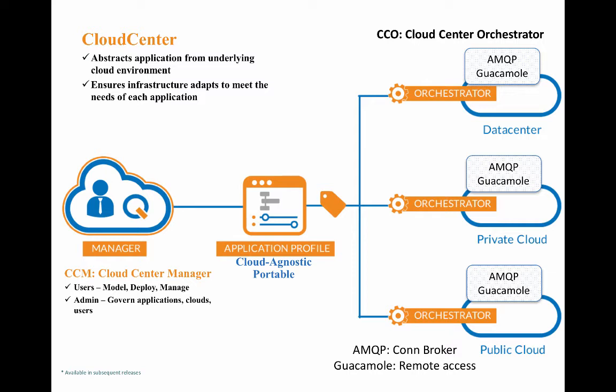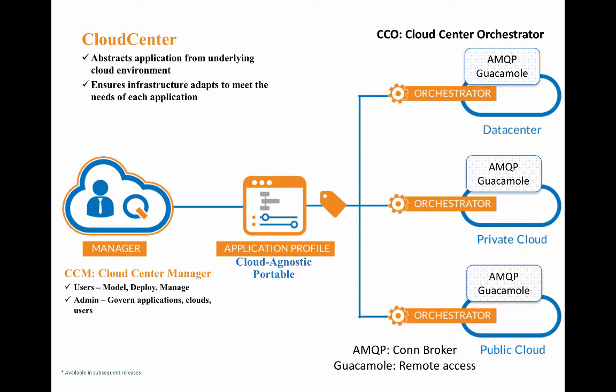The orchestrator, as the name says, orchestrates; it works as a kind of go-between for the CCM and the cloud. In CCM, you say, okay, I want this to happen. You send the information to CCO. CCO does the hard work in conjunction with AMQP, which is a connection broker with the VM that's deployed, and Guacamole for remote access.